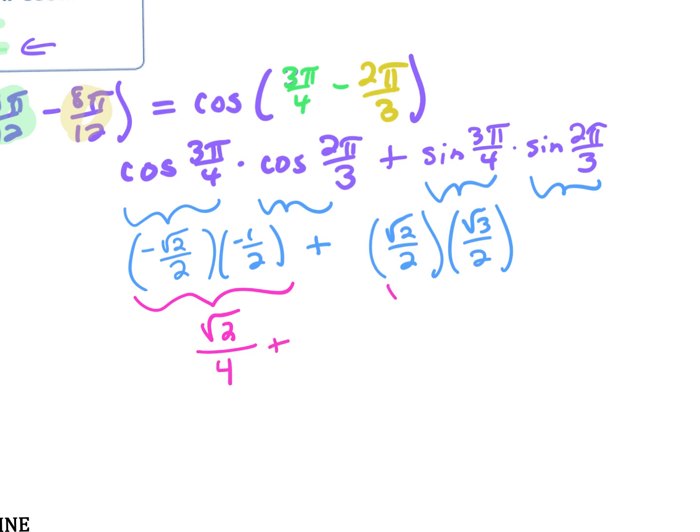And then over here, when we multiply that together, the square root of 2 times the square root of 3 gives us the square root of 6. And then in the denominator, we also get 4. So there's only one other thing we can do, and that is we can put this over one common denominator.